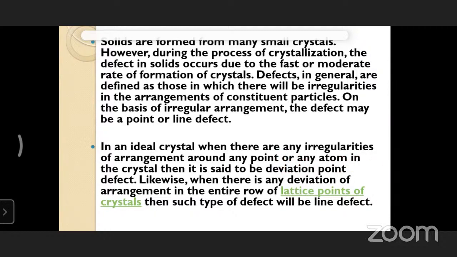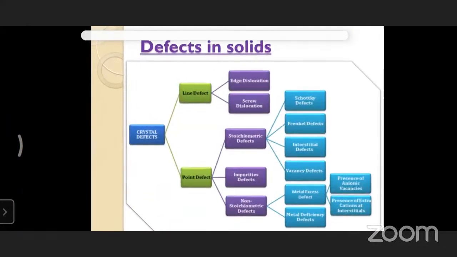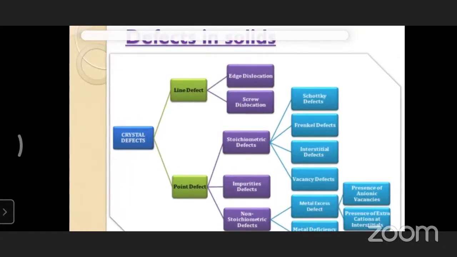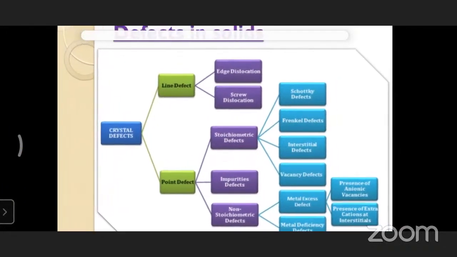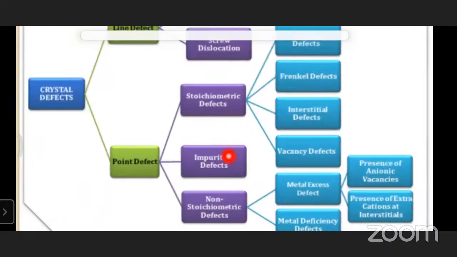Okay, so we have crystal defects. If you observe clearly, how many types of defects are there in solids? Line defects and point defects, which we have already defined. Crystal defects are classified into point defects and line defects. Line defects are edge dislocation and screw dislocation. Point defects are further classified into stoichiometric defects, impurity defects and non-stoichiometric defects.